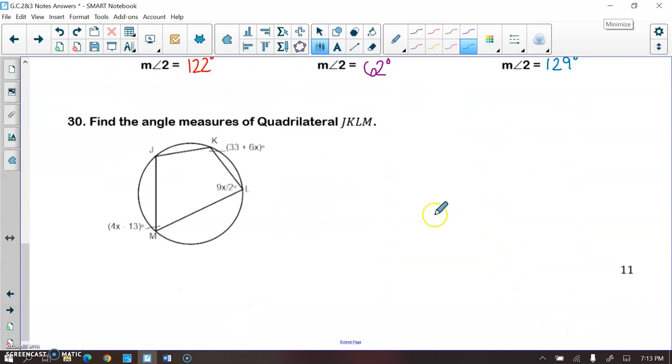All right, and last but not least, we have our last problem here. We want to find all the angle measures. This is an inscribed quadrilateral, so that means that opposite angles are supplementary. So if I add these two up, they should equal 180.